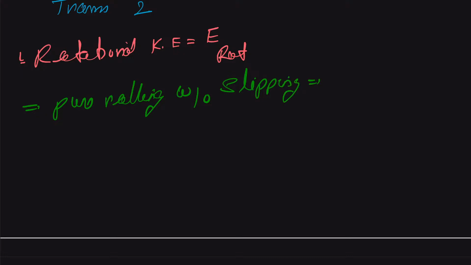Therefore, the velocity of P relative to the dish is 0.